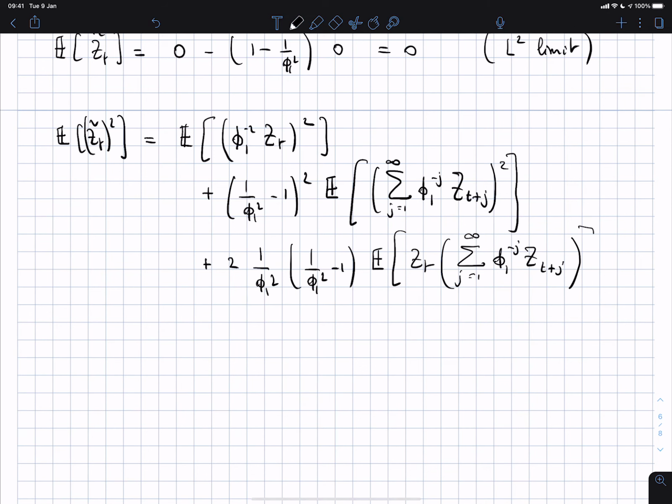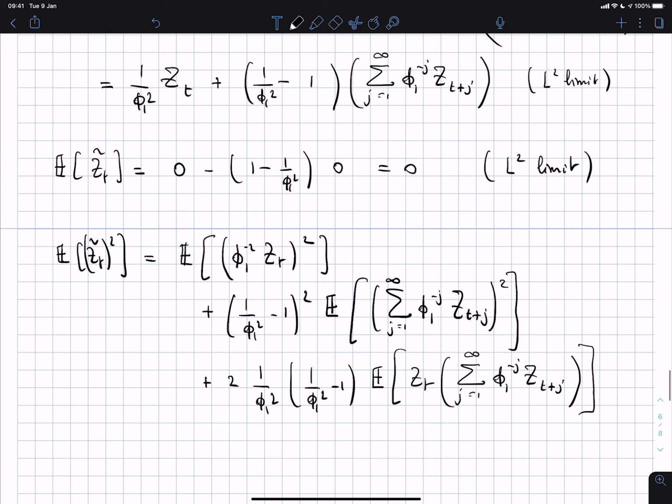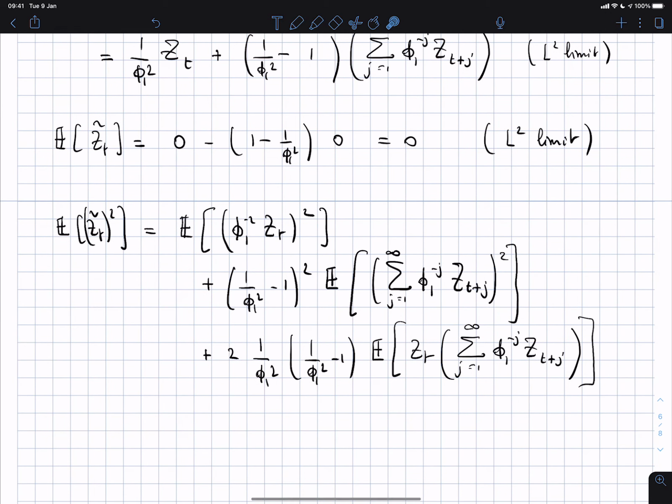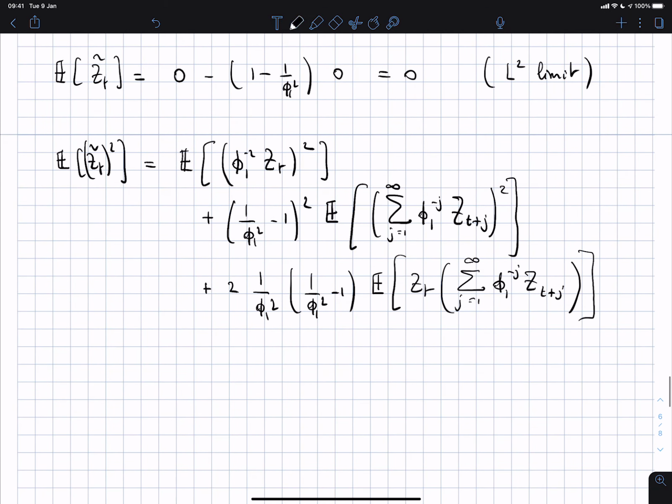So now I'm just working out the square. It's the square of that plus that, so it's going to be that squared plus twice the cross product. So it gives me exactly this expression here. And now I just work things out. So we recall that z_t is white noise with mean 0 and variance sigma squared.